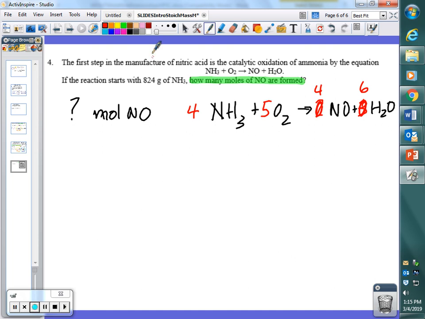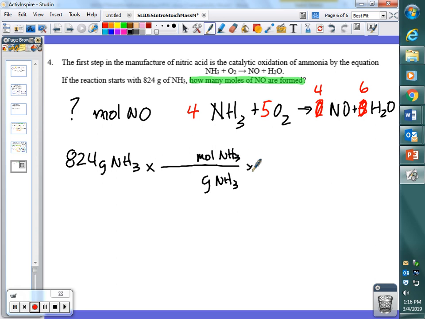All right. Okay. There's my conversion factors set up with units.